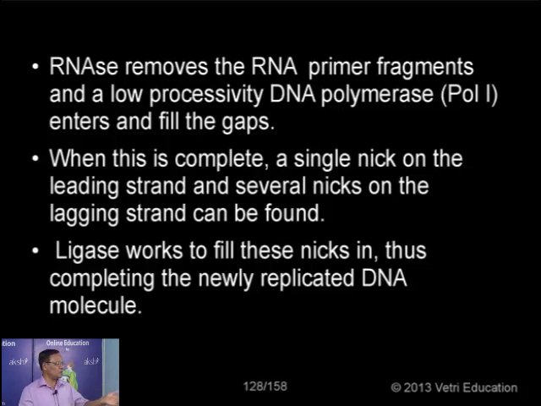When this is complete, a single nick on the leading strand and several nicks on the lagging strand are formed. As a result, these are all joined together in the case of the lagging strand by the enzyme ligase. That enzyme works to fill these nicks, the gaps. Thus, you see, a continuous strand of new DNA has been created.